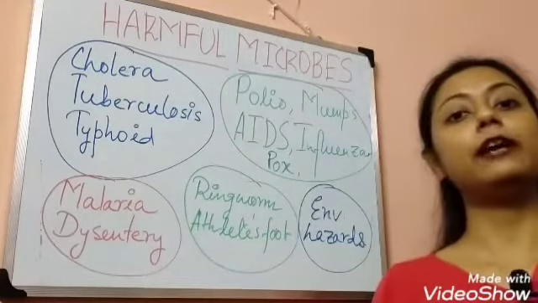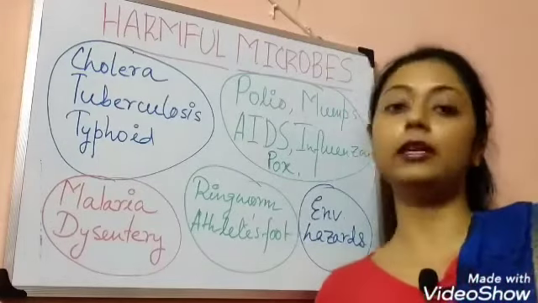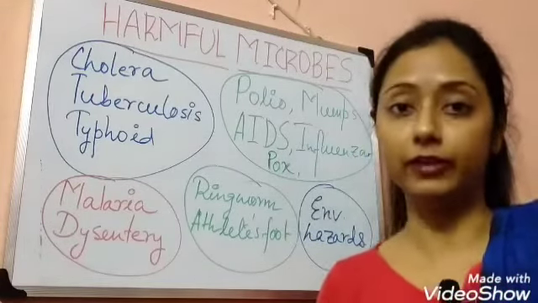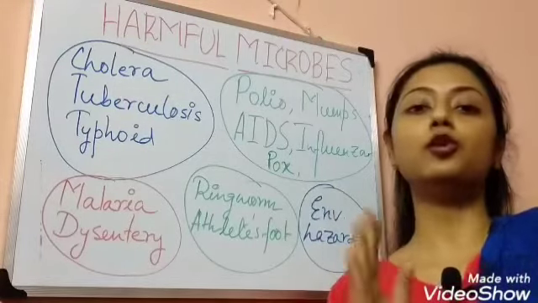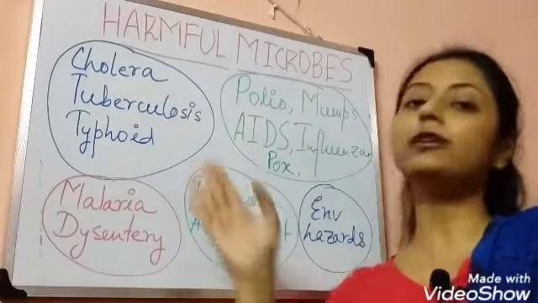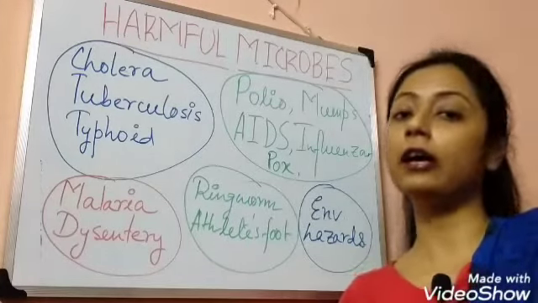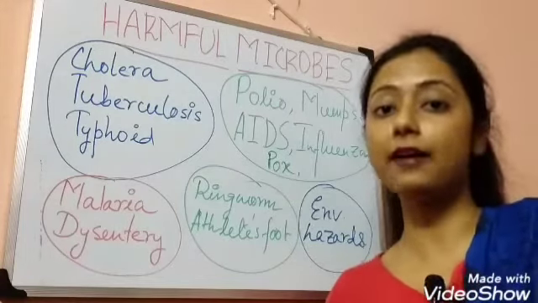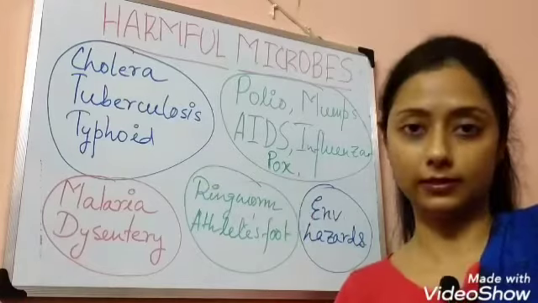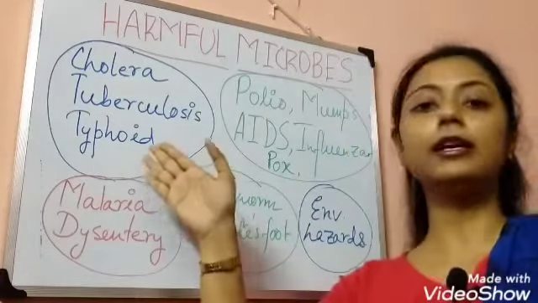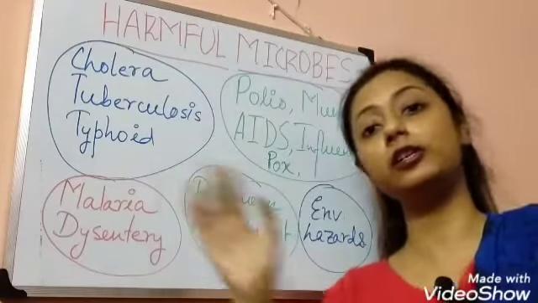And next is typhoid, and the bacteria responsible for it is Salmonella typhi. I'm repeating again that you don't need to memorize each and every scientific name of the bacteria, fungi or viruses, but you have to learn the names of the diseases. These are the common examples of diseases caused by bacteria.